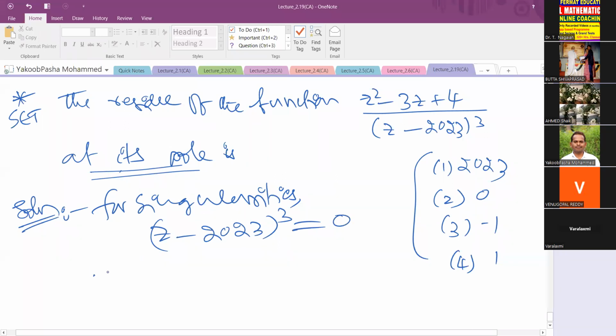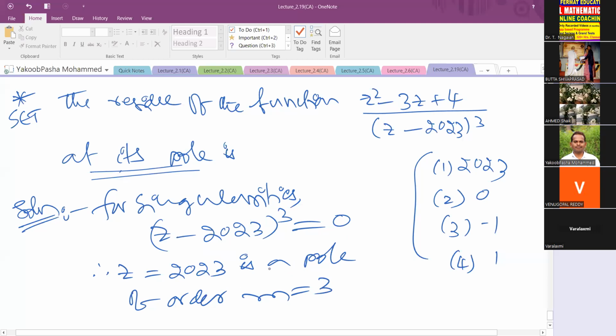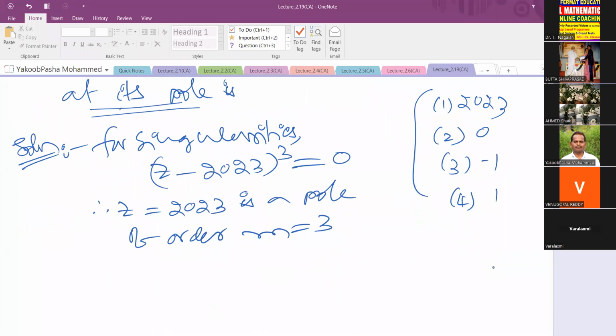So clearly we can say that z is equal to 2023 is a pole of order m is equal to 3. Even with 2013 it is the same pole of order m is equal to 3. So we have to calculate just the residue.